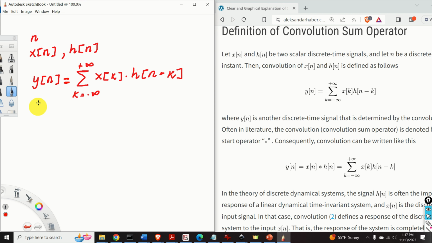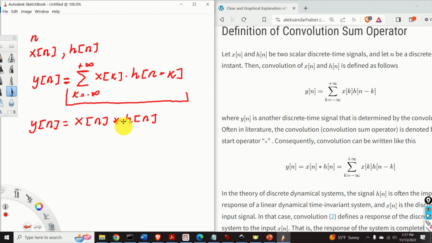Often in literature you will find that the convolution sum is written like this. Y of n is equal to x of n star h of n. That is, the star operator denotes convolution.